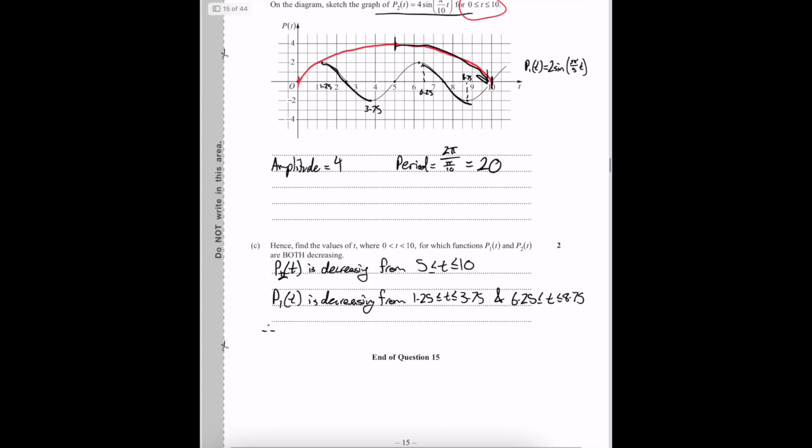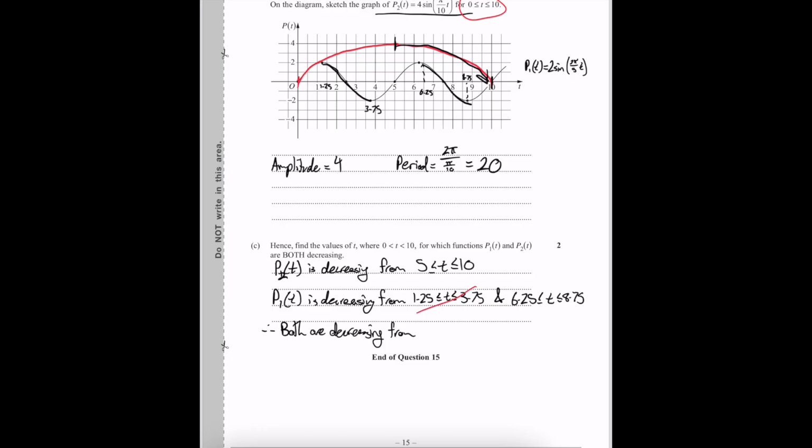Therefore, both are decreasing from this here, because if we combine the restrictions of both these curves, it needs to be between 5 and 10 according to p2(t), and that cancels this out and only leaves us with this as it falls within the 5 to 10 range.